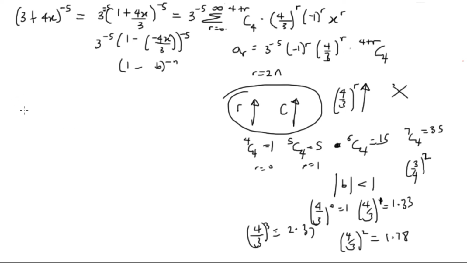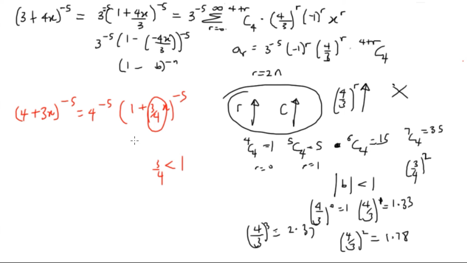If you check the last problem, what we had in the last question was 4 plus 3x raised to power minus 5. By factorization of b, which is 3 over 4, is less than 1, so we had a greatest coefficient. That's just it.